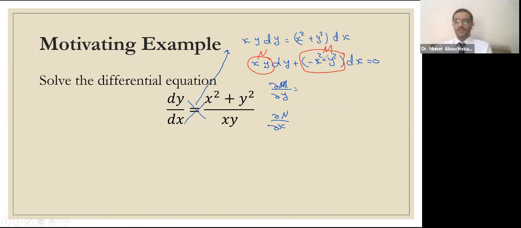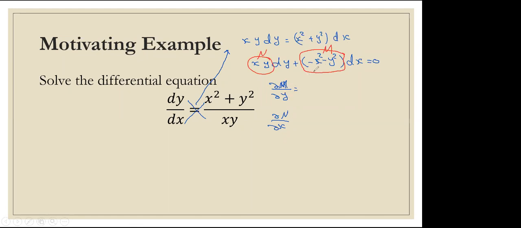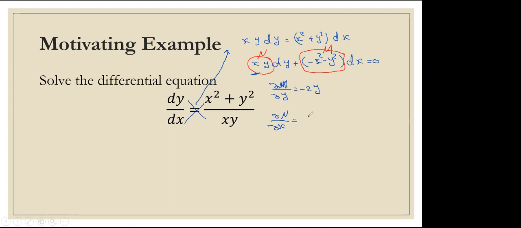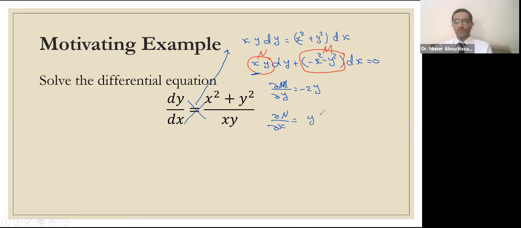The partial of this function with respect to y will be negative 2y. And the partial of this N with respect to x will be y. Those aren't equal, so it's not an exact equation. So I can't solve this equation depending on the previous three lectures.